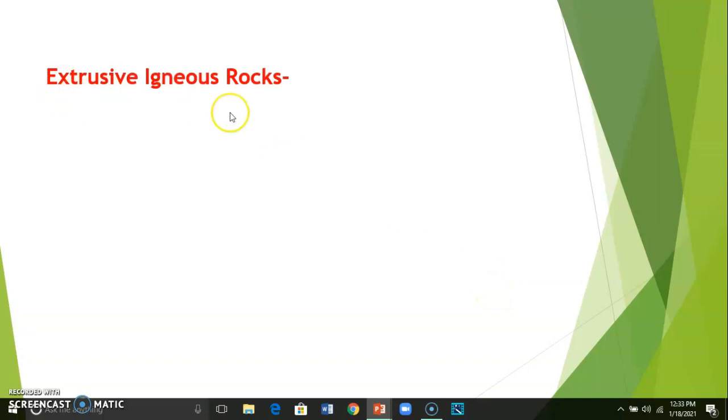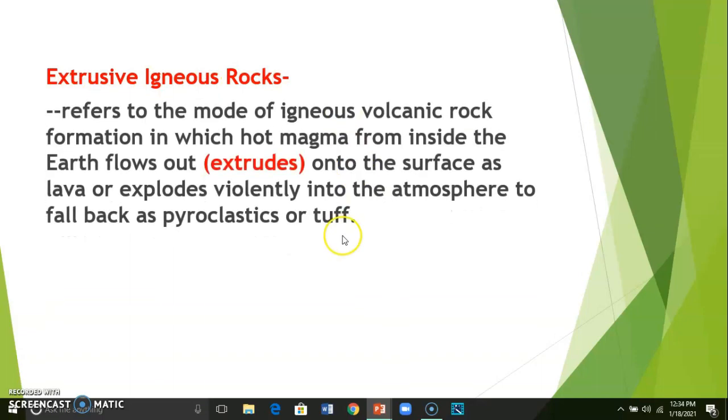Next, the second one is the extrusive igneous rocks. We'll read it together, please. It refers to the mode of igneous volcanic rock formation, in which hot magma from inside the earth flows out or extrudes.